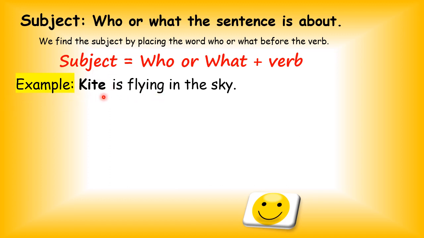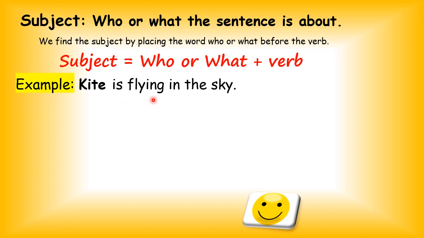Let's take one example. Read this sentence: Kite is flying in the sky. For finding the subject, what do we have to do? We have to place who or what before the verb. So what is our first step? We have to identify the verbs in the given sentence. It can be a verb, it can be verbs. So find out the verbs in the given sentence.